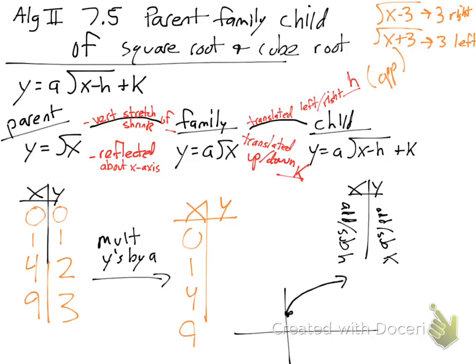I pick this up, and I'm just going to move it. So if it's moving this way, moving that way, this way, I might even stretch it so it gets stretched out. That's all I'm doing. That's what I'm doing with each one of these steps. I'm stretching it or shrinking it, and then moving it left, right, up, down.